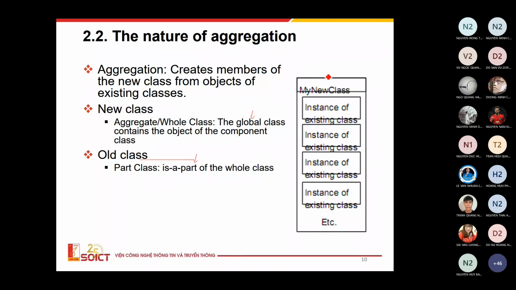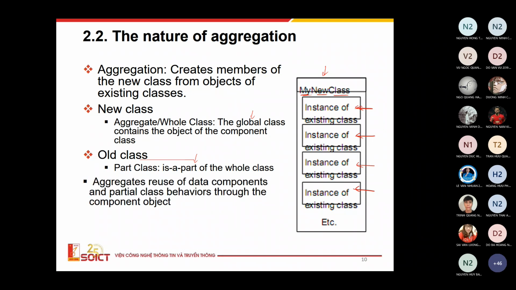You can see in this example, you will create a new class, and inside the new class, you will have one or many instances of the existing classes. Okay, so that means you combine the instances of the existing classes inside one new class. Okay, and the reuse of that data component or the partial class behavior can be executed through the component object.